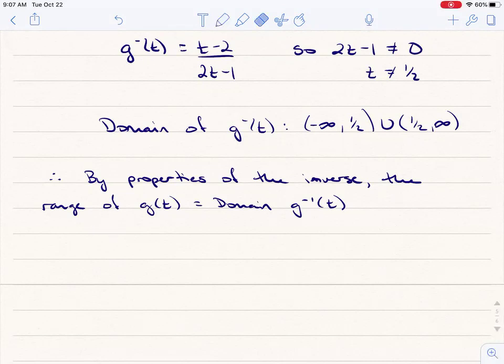And the range of the inverse of g of t is the domain of g of t.